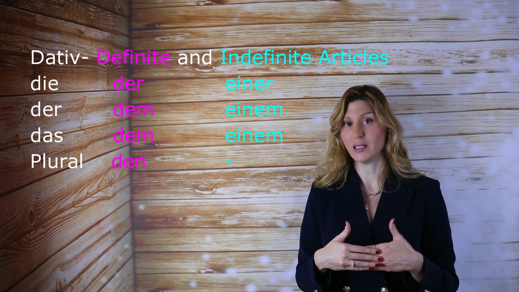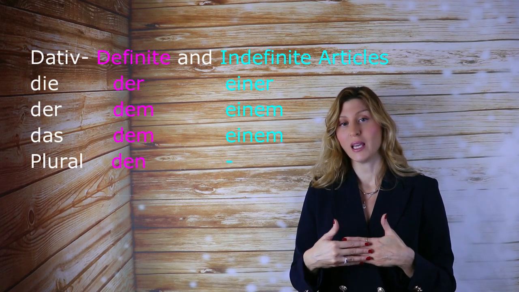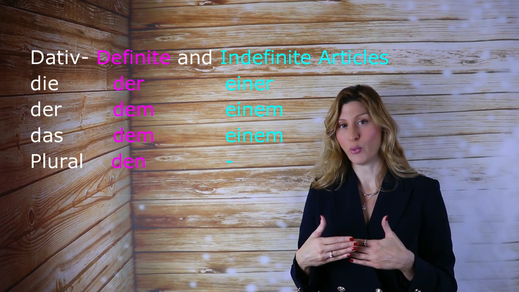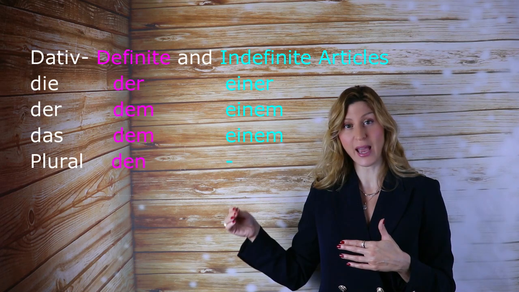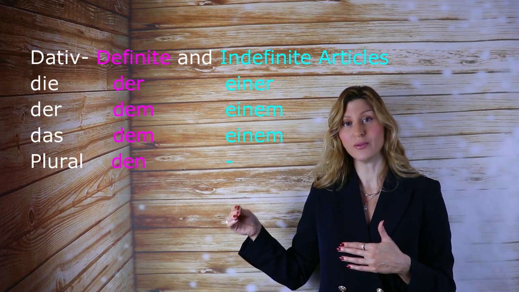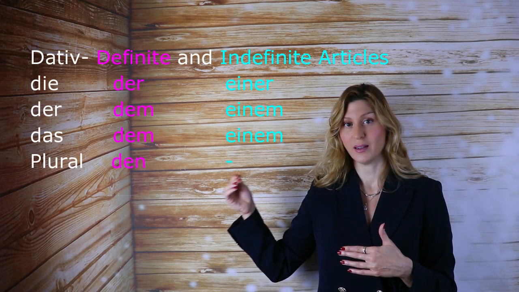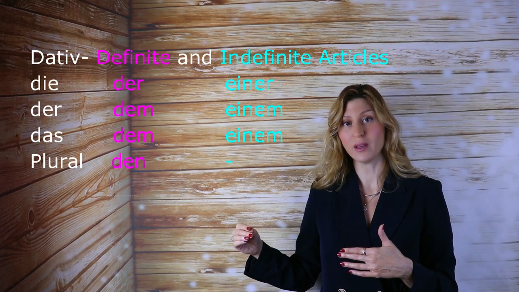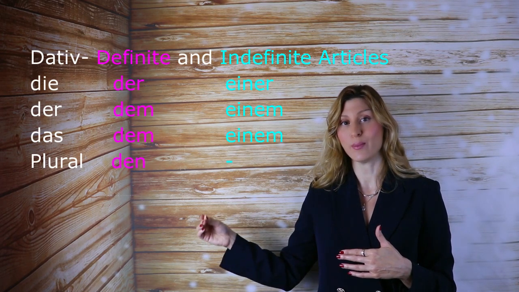This is the definite and indefinite articles in dative. So if we have die, it is der in dative, definite, and indefinite einer. Der is dem in dative, and the indefinite is einem.